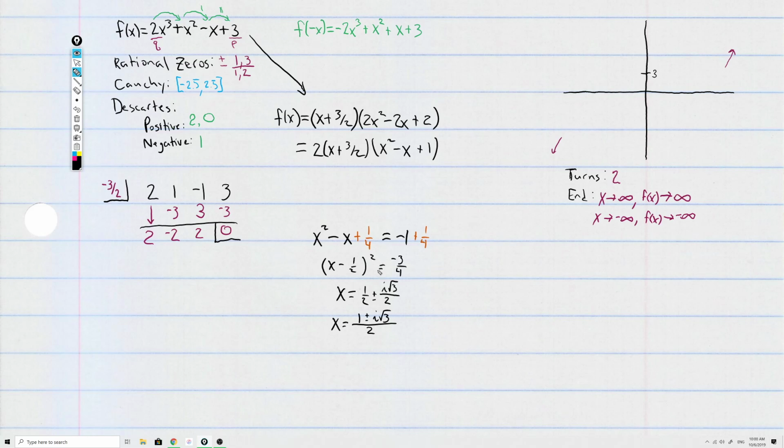So now we have all of the zeros of this polynomial. We found -3/2 by doing synthetic division, and then just using some algebra, we found the other 2 complex zeros. So I could, if I wanted, go back and write this polynomial in completely factored form. I have x plus 3/2 as a factor, and now I have 2 more factors that come from these 2 zeros.